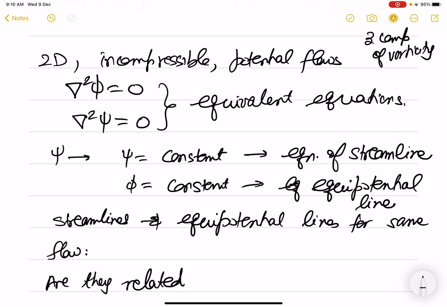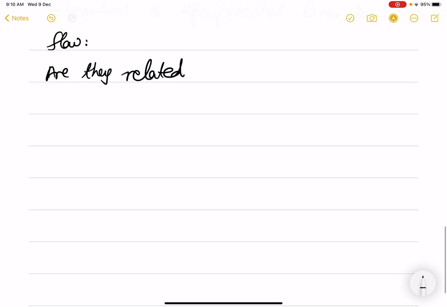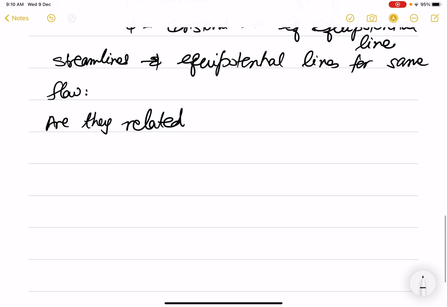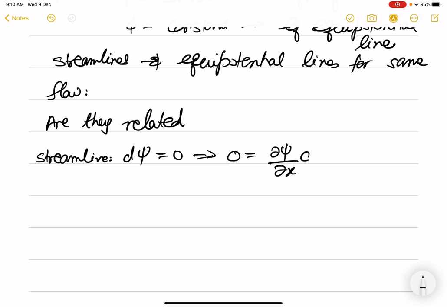And to answer this, let us look at the equipotential line and a streamline. So what we see is on a streamline d psi is 0. This implies that 0 is equal to partial psi by partial x dx plus partial psi by partial y dy.